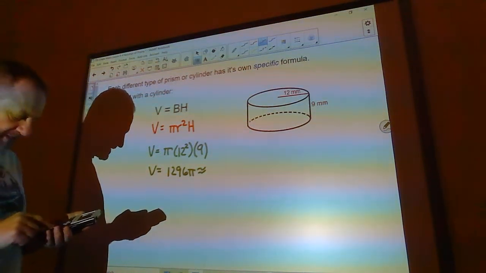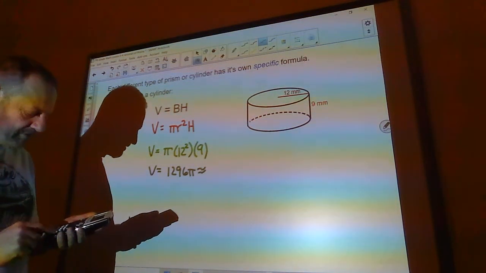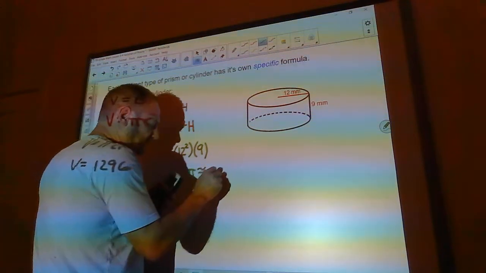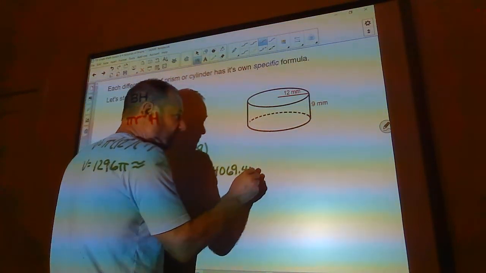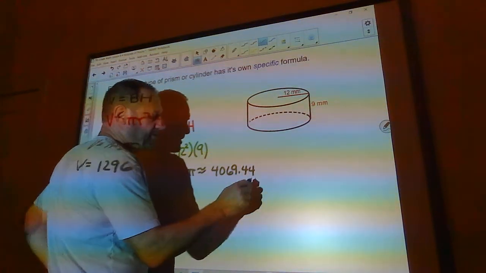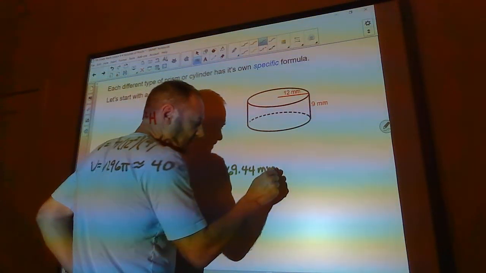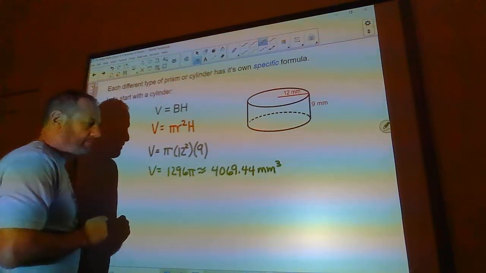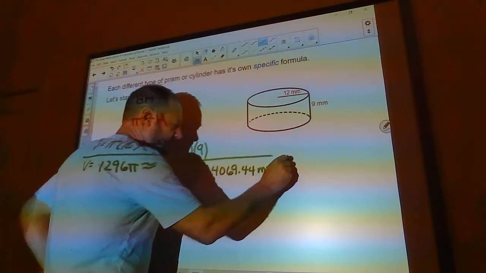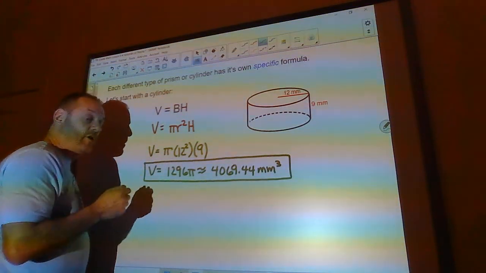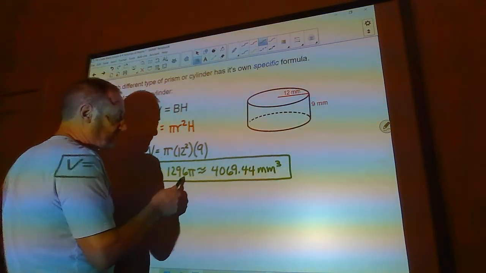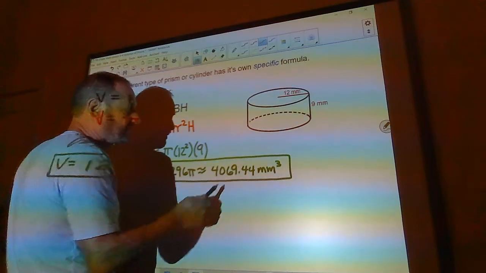Now we want to approximate that, so we're going to multiply times 3.14. We're going to get 4,069.44. Now, volume is always measured in cubic units, so it's cubic millimeters. And I wrote it like this because I have both answers here, the exact and the approximate.